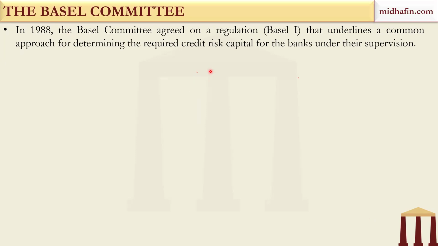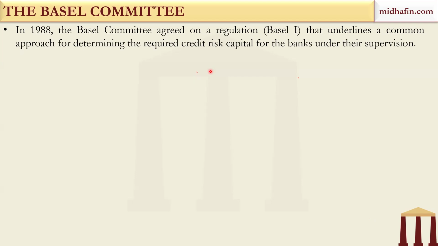And it was mainly, traditionally again, about certain ratios that all the banks had to maintain with respect to, say, capital to assets, assets to debt.